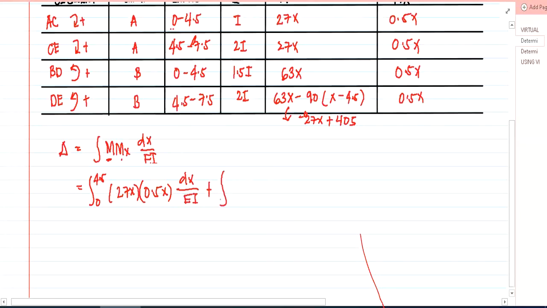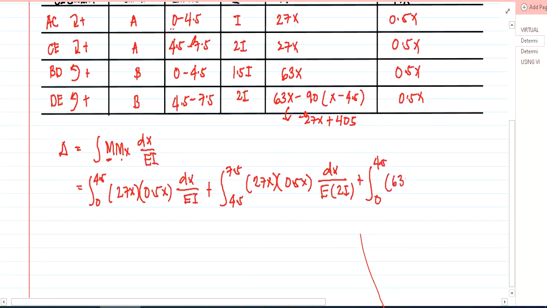Plus, the next segment, limits 4.5 to 7.5, that is 27x times 0.5x dx over E times 2I. Do not forget, we have 2I in segment CE. And for segment BD, plus, we have 0 to 4.5, 63x multiplied by 0.5x times dx over E times 1.5I.